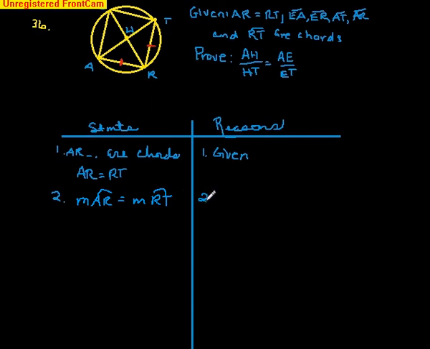So the reason for this is, we can say if two chords of a circle are equal, their minor arcs are equal. Hopefully you see that. Here's our chord. That means this. If these two are equal, then their minor arcs are equal. Okay, moving on. This proof's a little bit longer, so I'm going to go faster.